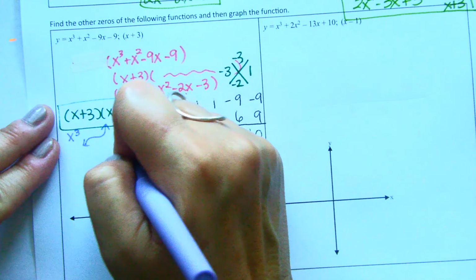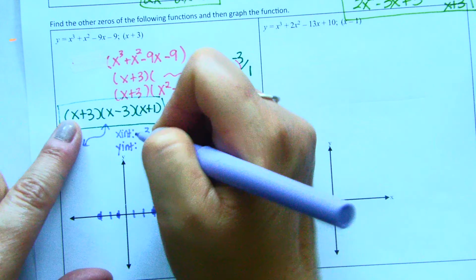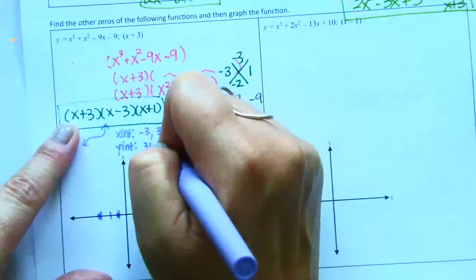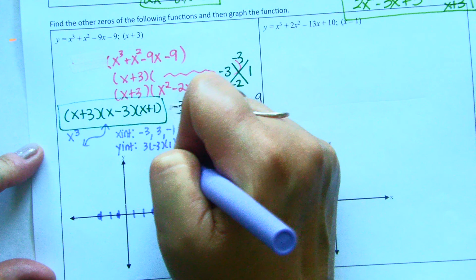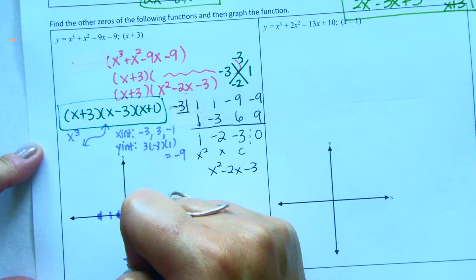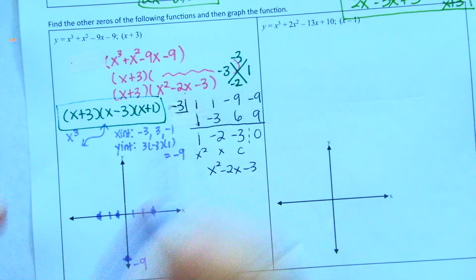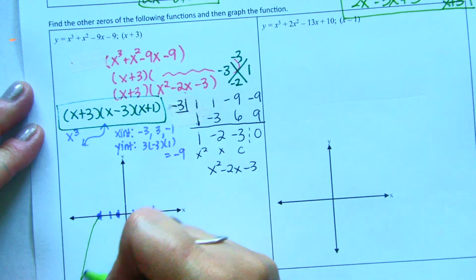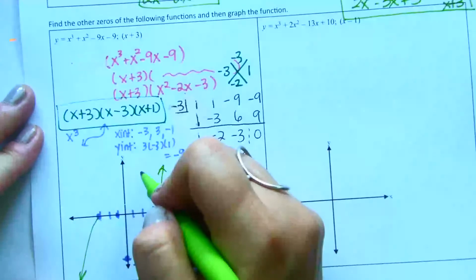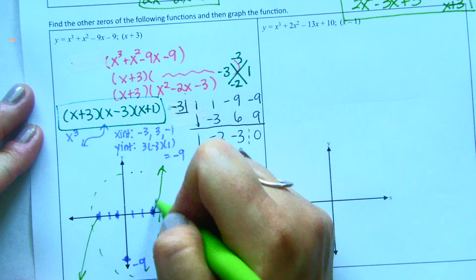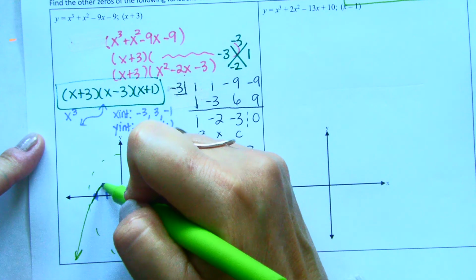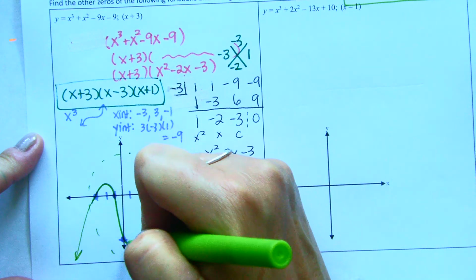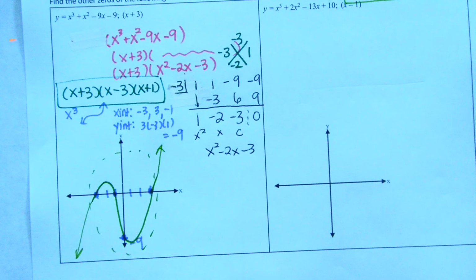Then I need to find my y-intercept, where I plug in zeros for x. Remember, we did this the other day. So -9 times 1 is a -9. So somewhere down here is going to be my y-intercept. So remember, my general shape, I know this goes down here, up here, and then I have to try to figure out what's happening in the middle. There's no multiplicity, so I know it's just going to come up, go right through there, and then back up there. So that's my graph.